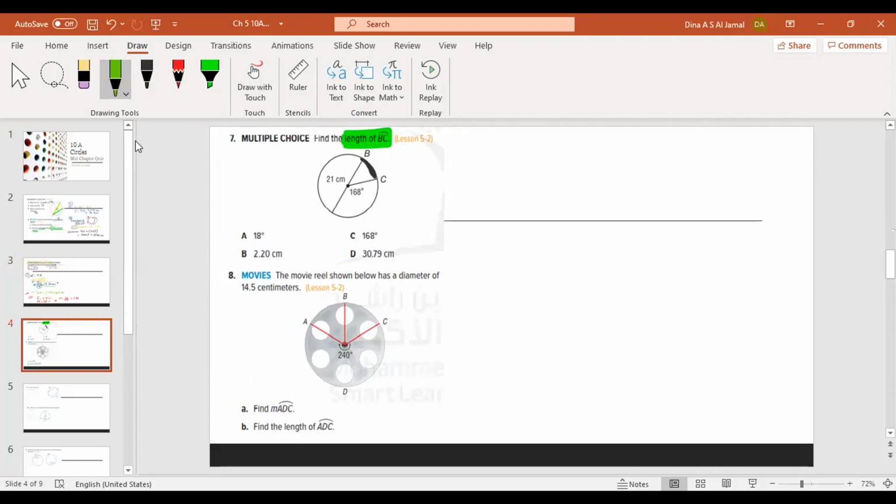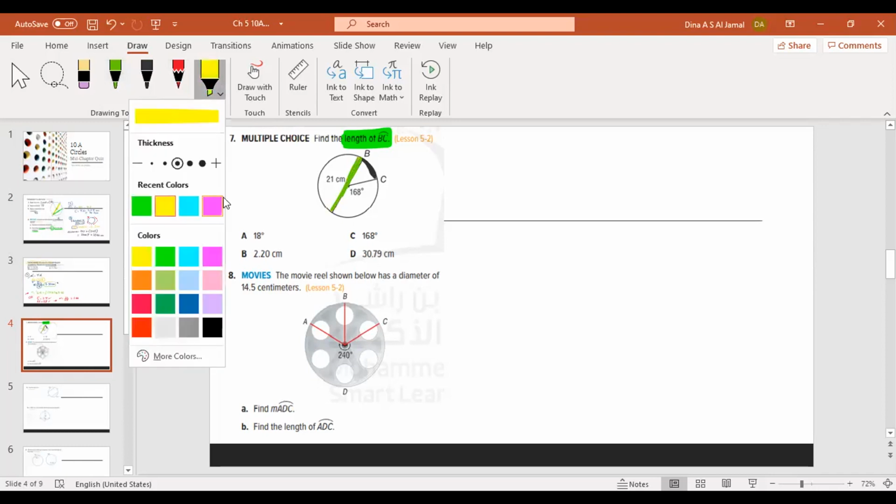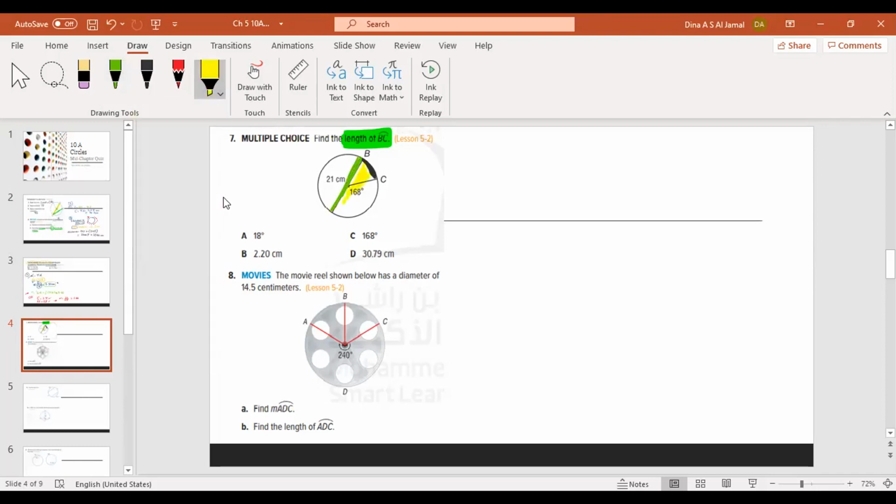All what you need to do is search for your diameter, look for it. So your diameter is here. That means if you focus, this will be a semicircle, and each semicircle will be having the measurement of total of 180.